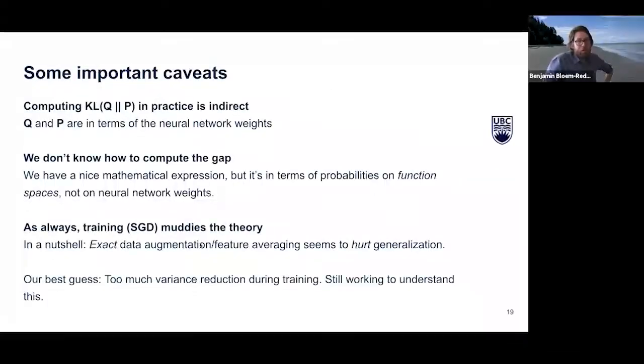This comment about exact augmentation or averaging applies if you apply too many transformations in your Monte Carlo approximation. For sure it reduces the variance of your gradients quite a bit, and we see that the generalization of the trained neural network looks like it overfits in a classical way.